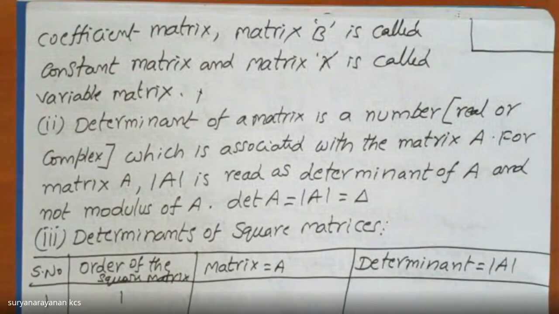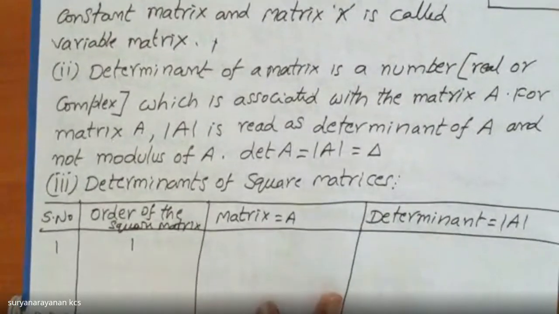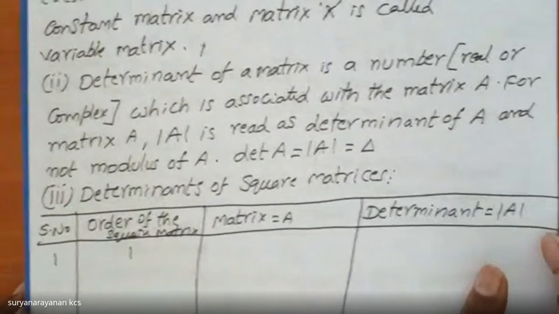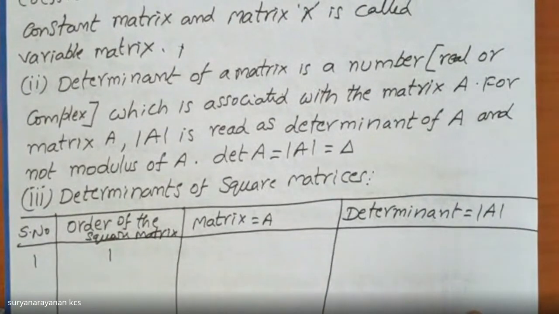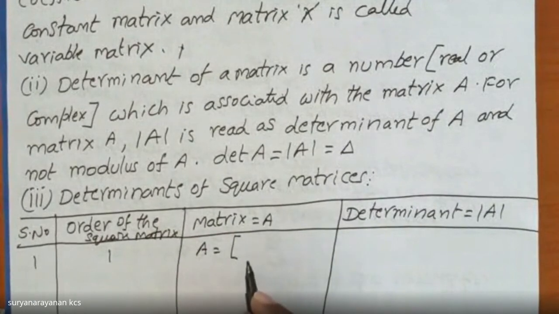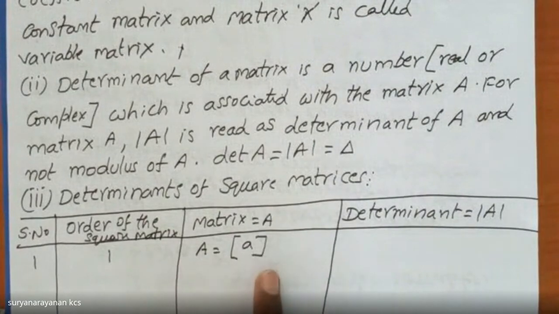Suppose we take a square matrix of order 1. So A is equal to a matrix with only one element.